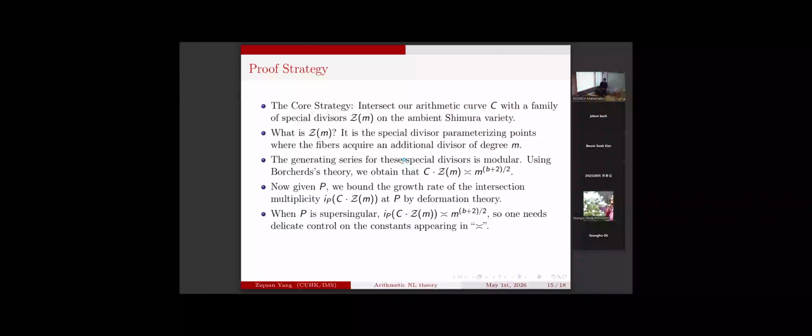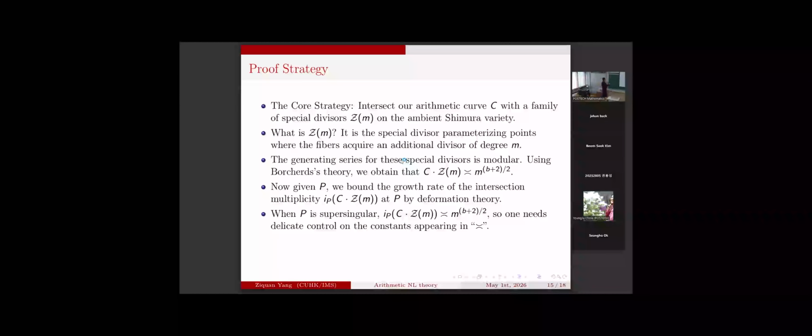And I have another simple question. What is C? An arithmetic curve. So the setup of the theorem is that I have a family of K3s over C, right?